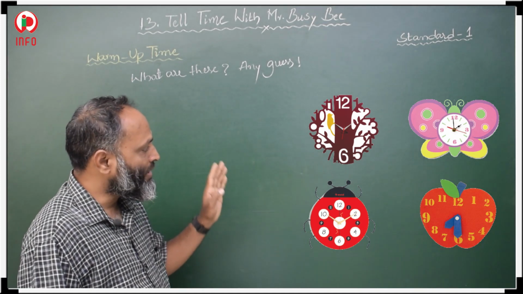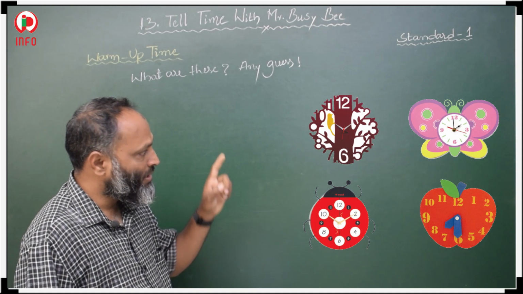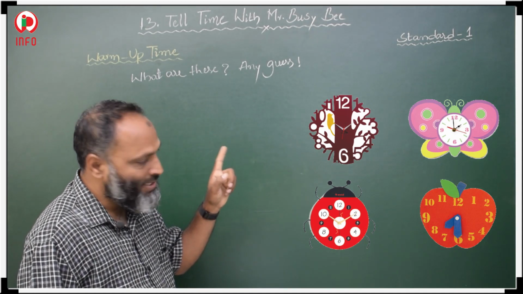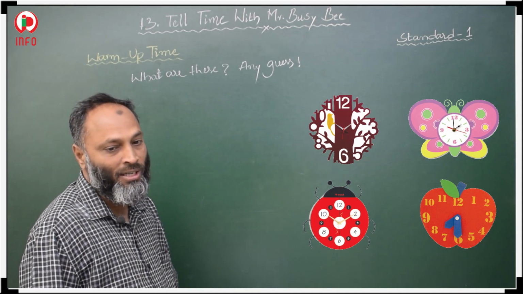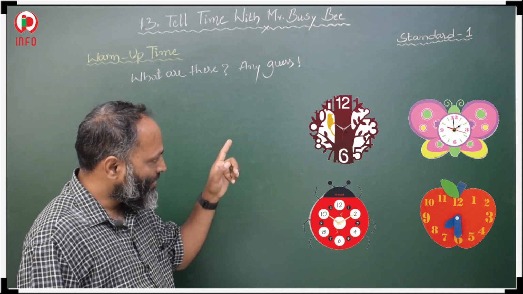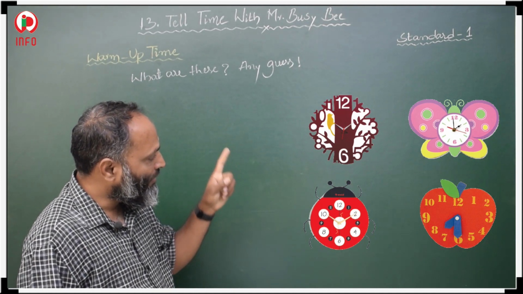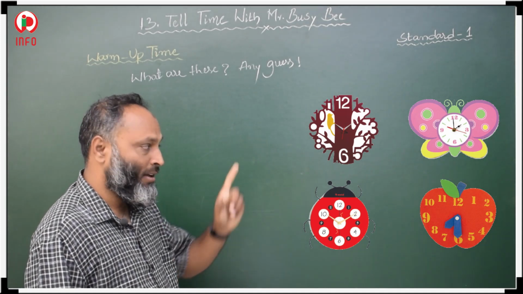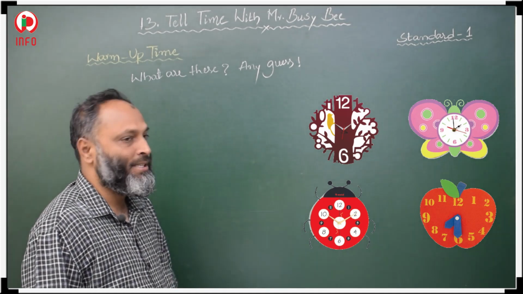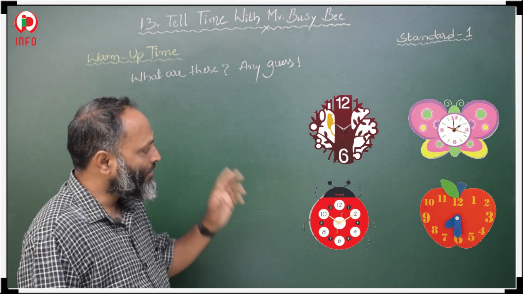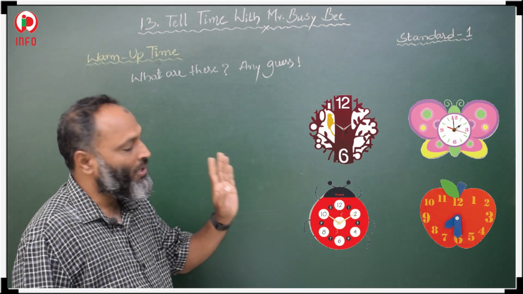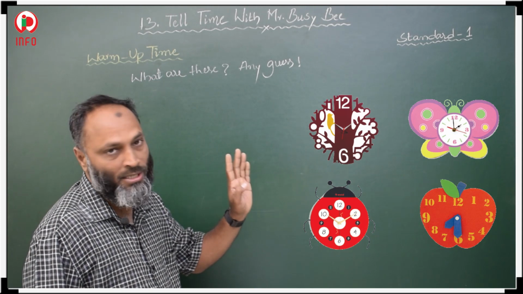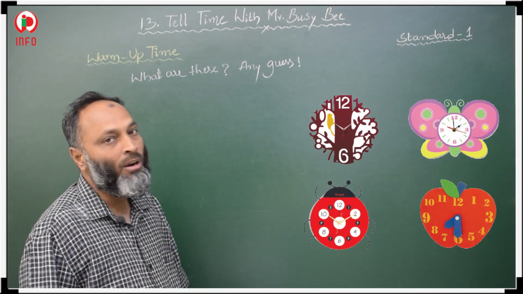What you will find is that inside there is a clock. See, one small hand and one bigger hand, in each of the pictures. It means these four pictures are clocks, wall clocks.